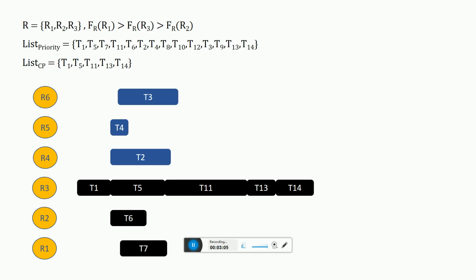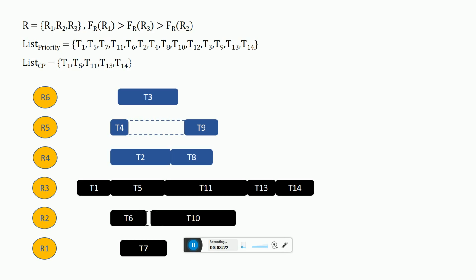Now the next task to be processed is T8, which is assigned to the earliest resource to be released, which is T2's, and so on, T10 to R2, T9 to R5, and finally T12 to R4.